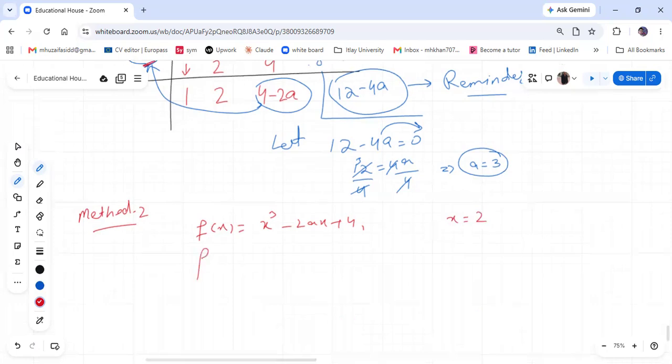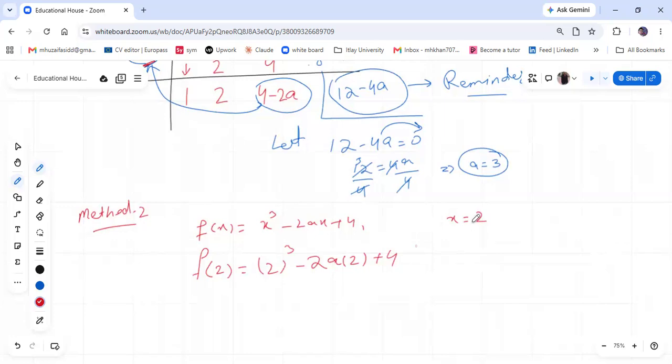This is f of 2 is equal to 2 power 3 minus 2a of 2. Here we are using the factor theorem. As we already know, when we put in our factor and the answer is equal to 0, then we say this factor is okay.